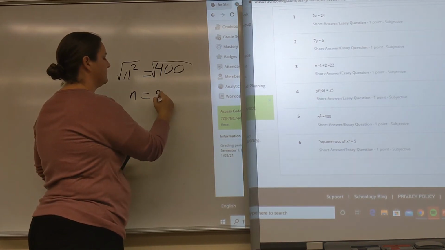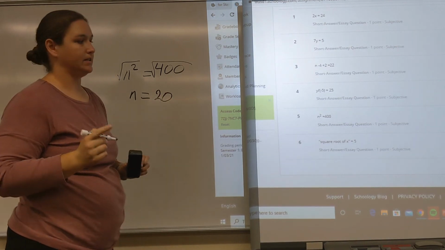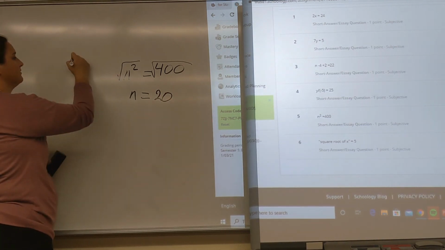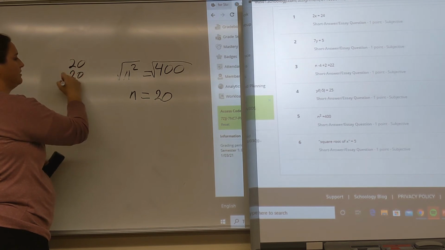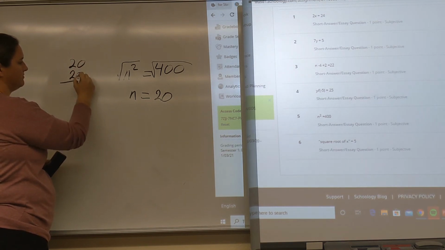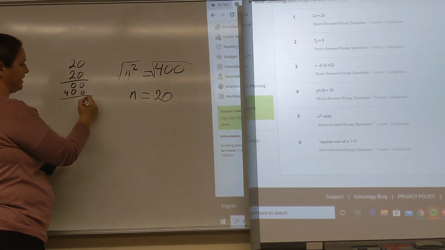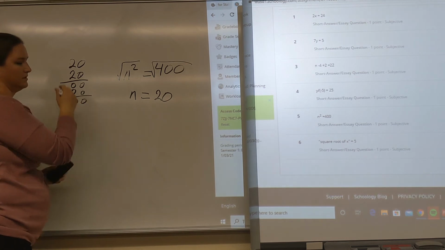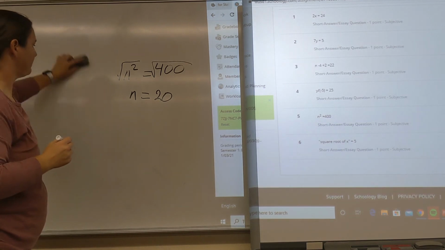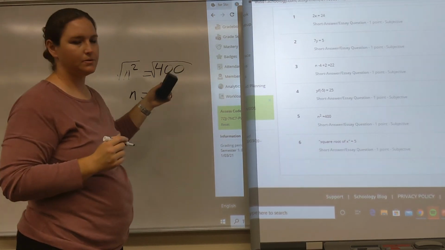Okay, the answer is 20. Check it, just in case you don't believe it. 0 times 0, 0. Then we have our placeholder, 0, 4. Add them together. Yes. Okay, so n equals 20.